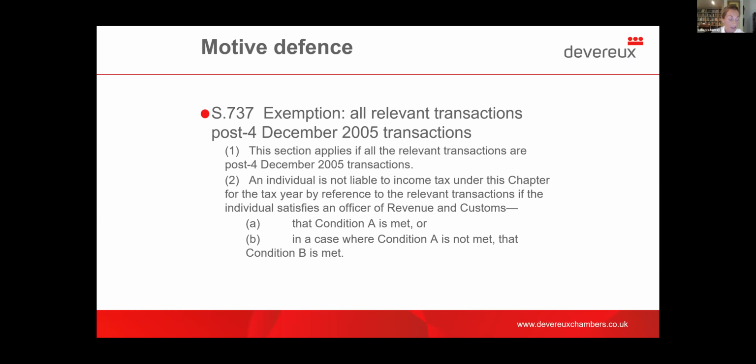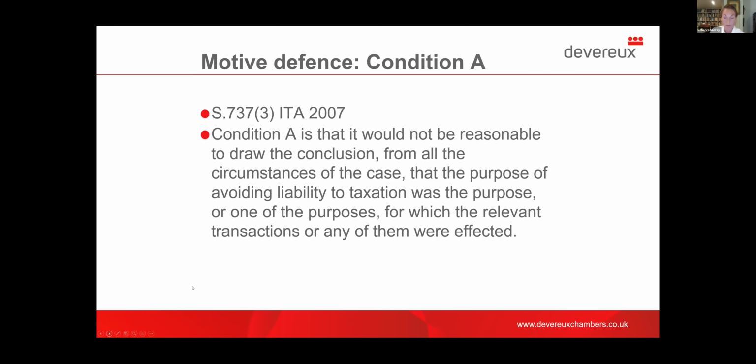So condition A is that it would not be reasonable, drawing the conclusion from all the circumstances of the case, that the purpose of avoiding liability to taxation was the purpose or one of the purposes for which the relevant transactions or any of them were effected. So you'll remember that relevant transactions means relevant transfers or associated operations. So if the purpose of any one of them seems in the circumstances to be to avoid tax, and not just income tax, then this condition can't be satisfied.